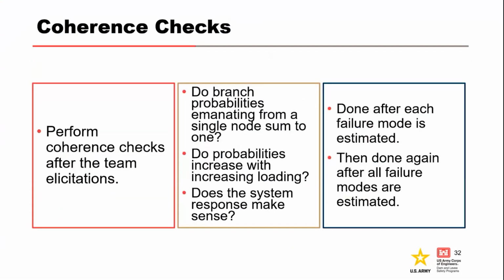All right, coherence checks. You want to do coherence checks typically after the end of each failure mode. You want to see where it lands and go back through and make sure it's not plotting too high or too low, or maybe it's way off from what you expected, right? And if that's the case, you've got to think about it. I had a situation early in my career where we ended up plotting really high for a PFM.